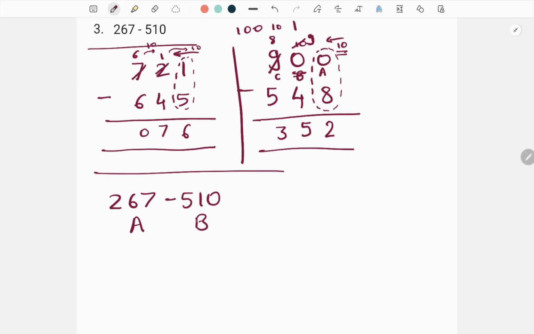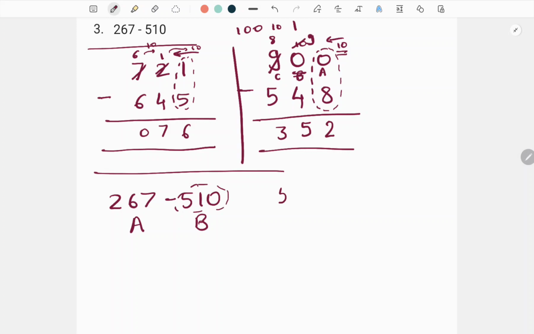When you are subtracting two numbers, the rule is that you should subtract the smaller number from the larger number and give the result the sign of the larger number. So here I am subtracting 267 minus 510. The larger number here is 510.